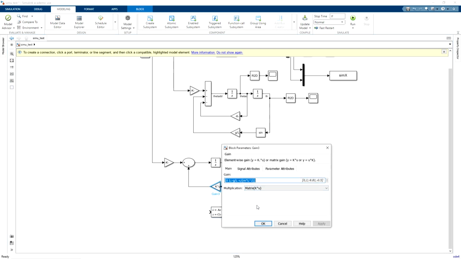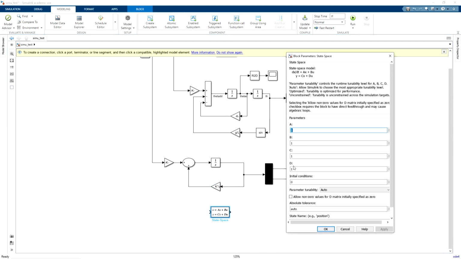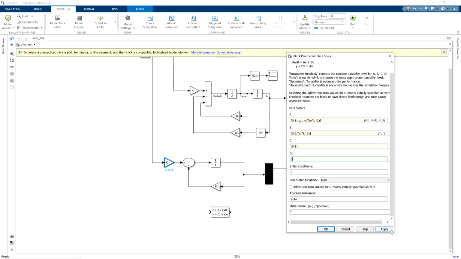This is A, this is B, and then we have C matrix as well, 0 1, and D is 0. So we apply.